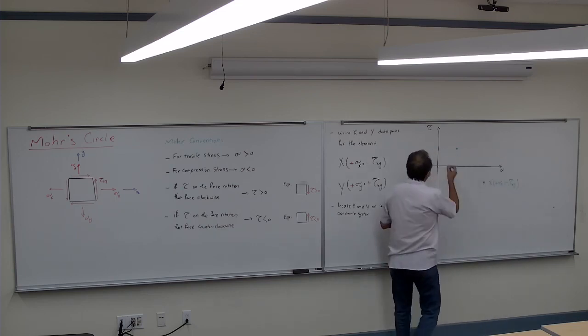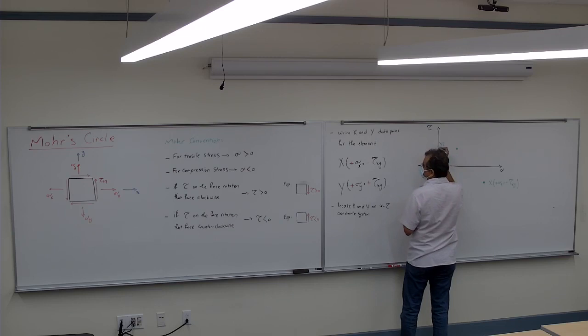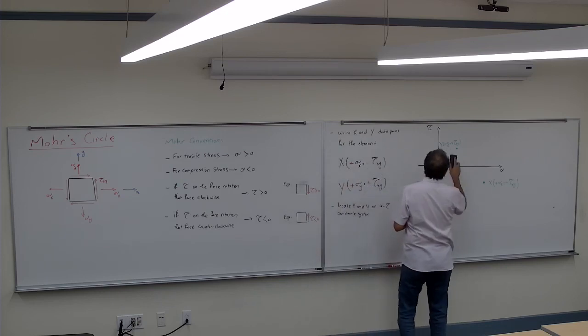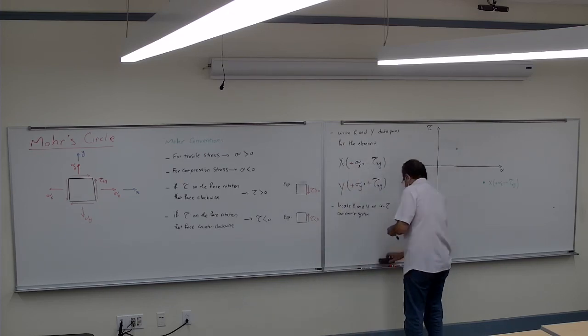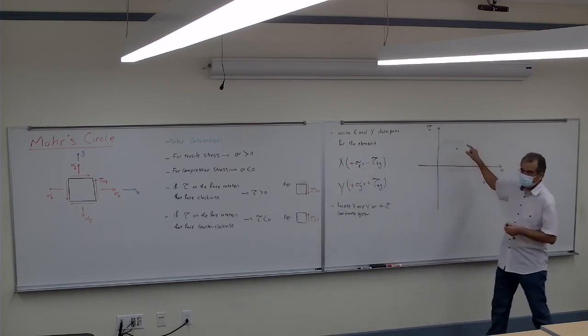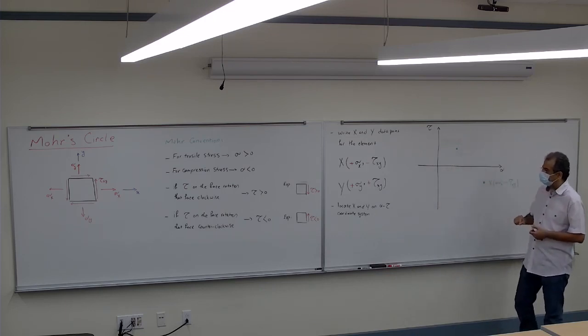And the y, assume it's here, which is plus sigma y and plus tau xy. Now that I have these x and y, I have these 2 points.